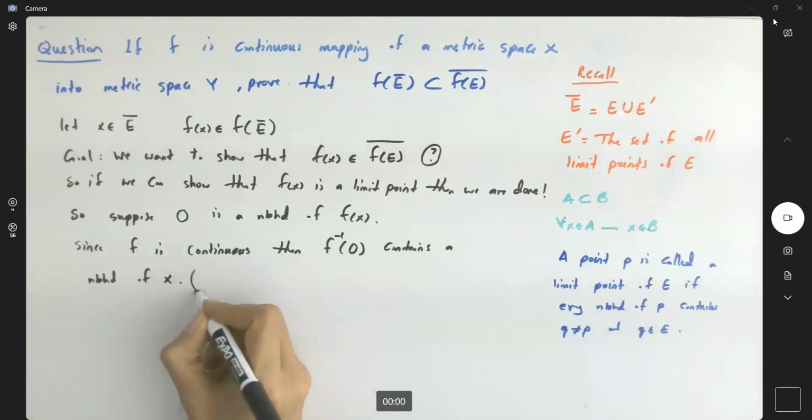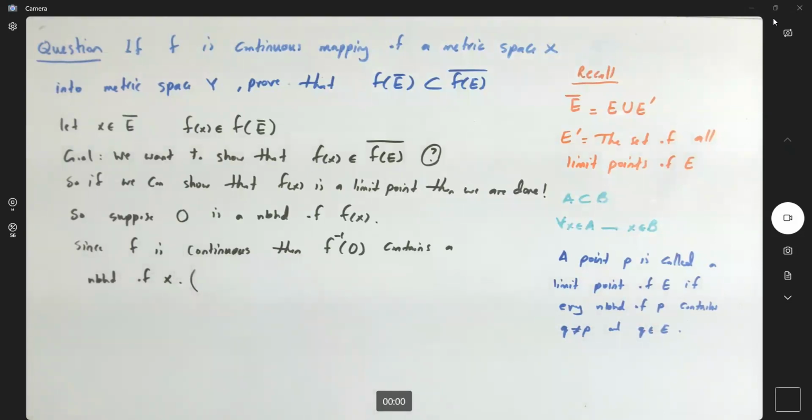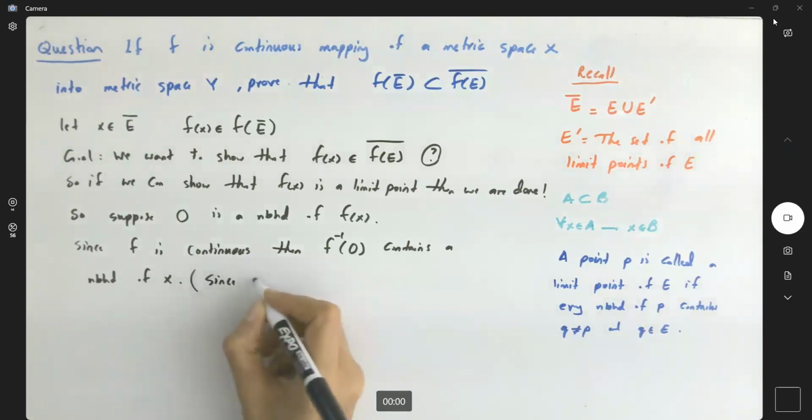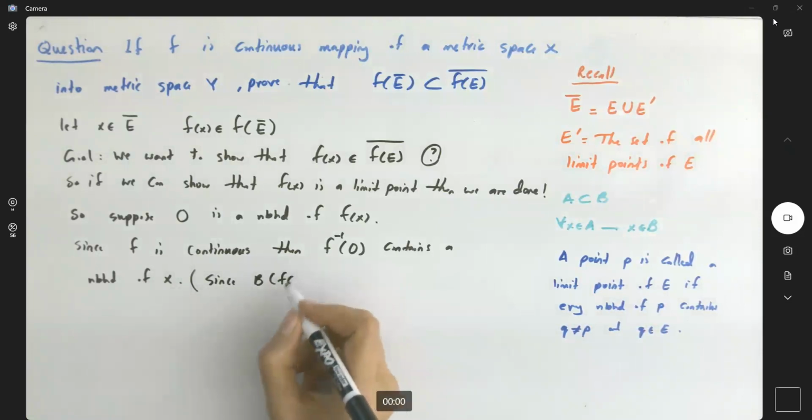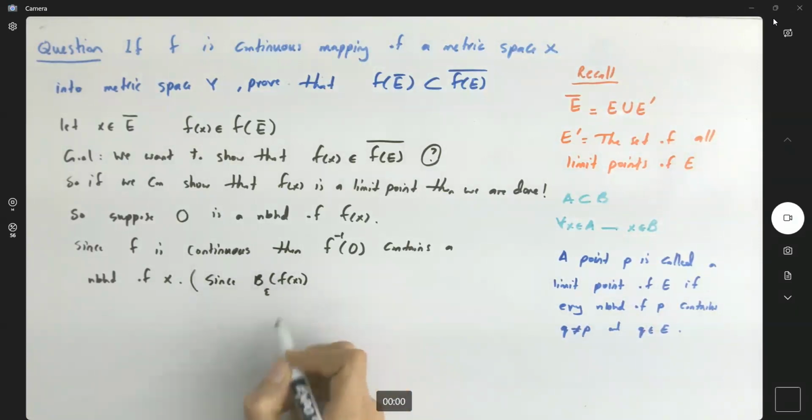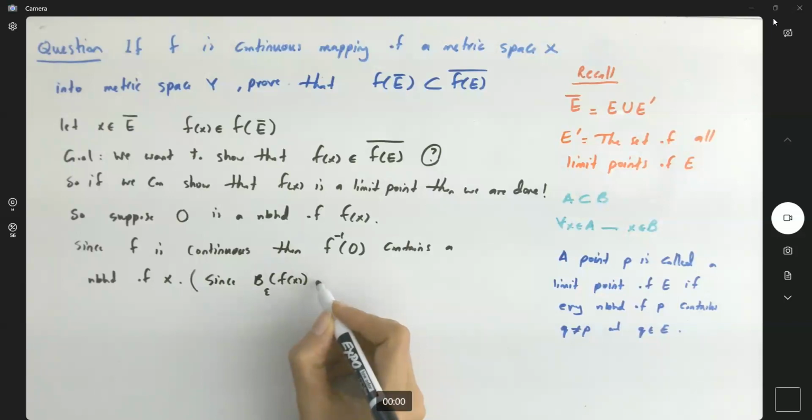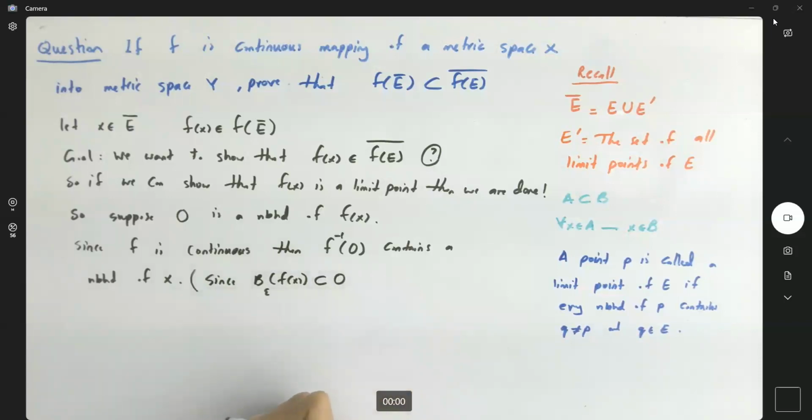Let me put that in parentheses for you. Since an open ball with small radius epsilon and center at f of x is going to be contained in O, because O is a neighborhood of f of x, and we can always find a smaller ball with center f of x and a very small radius like epsilon contained in O.